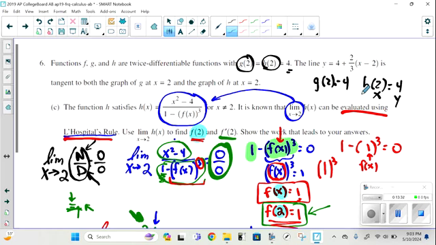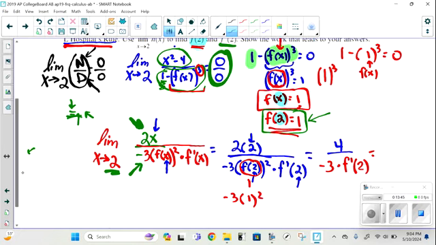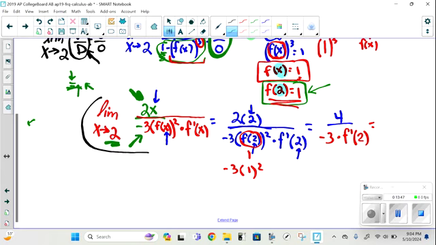It exists. If I take the limit of h as I approach 2, it should equal 4. Okay? It should equal 4. So my limit should equal 4. Now I can easily solve for what I have here.